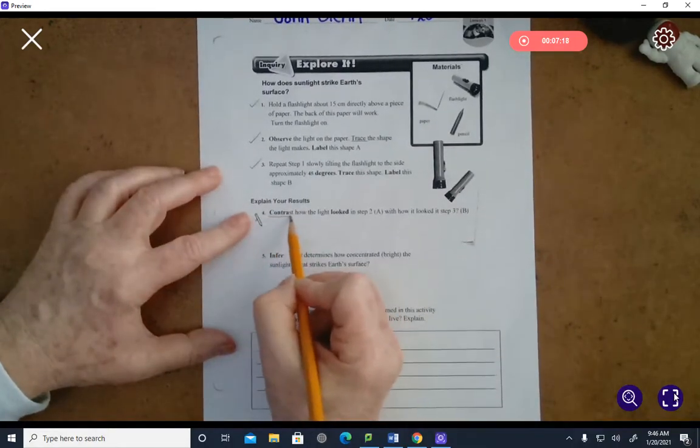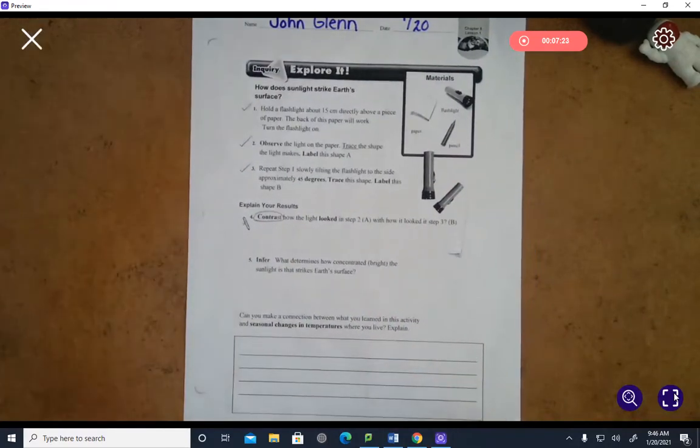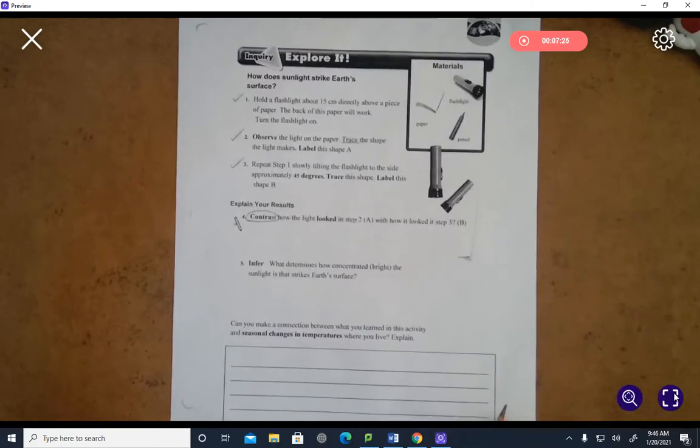Contrast usually means tell how the images or whatever are different.